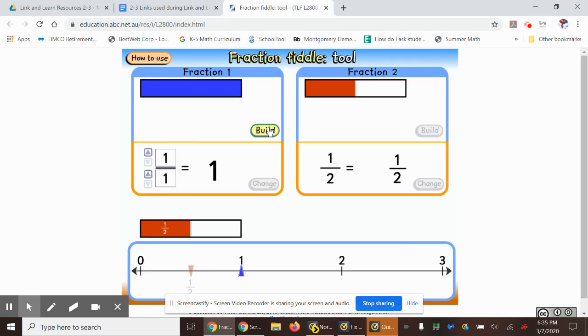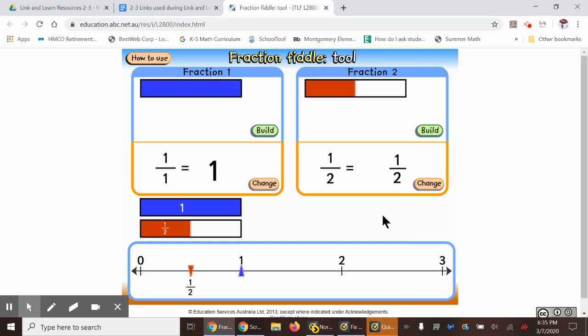I can choose build for this one whole thing and keep that image there as a comparison for students to see alongside the different plottings on this number line. So again, some of what I like to look at here is that set of two different visuals representing fractions.